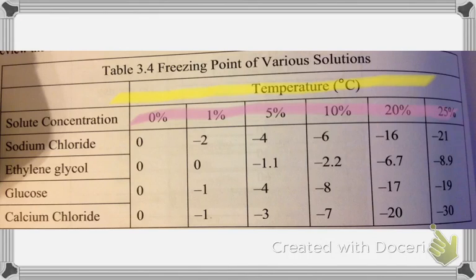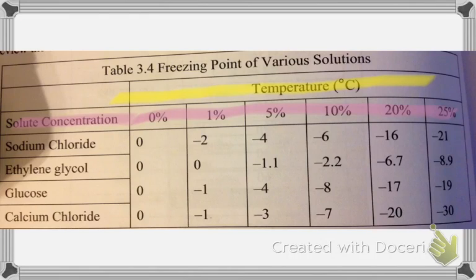When it talks about concentration like this, we're dealing with sodium chloride, ethylene glycol, glucose, and calcium chloride. So the question you have to ask yourself is, what is the percentage being diluted with? The normal procedure is that it's diluted with distilled water, so it shouldn't affect it.